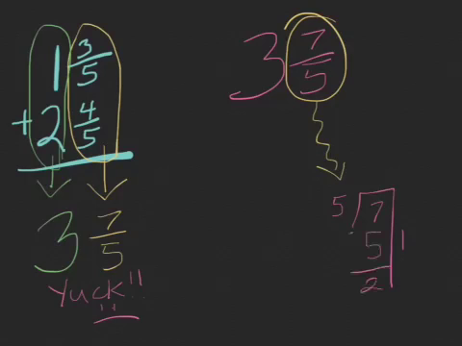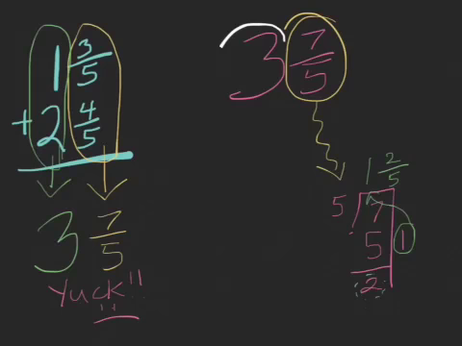We would have 2 left. So that means that our new mixed number for 7/5 would be 1 and 2/5.